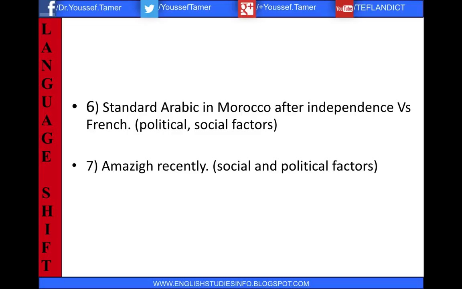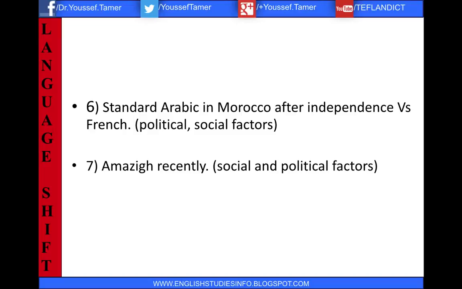Okay? Now here we have an example of language shift in terms of language use, and the reasons here are social factors, because the ethnic Amazigh people are becoming more and more powerful, more educated, and they have imposed their agenda.